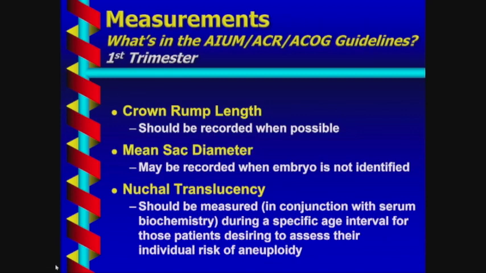So one of the important things to think about is, since we want to follow guidelines of major societies, what are the guidelines that are out there with respect to measurements? The American Institute of Ultrasound in Medicine, the American College of Radiology, and the American College of OBGYN get together on the obstetrical ultrasound guidelines.